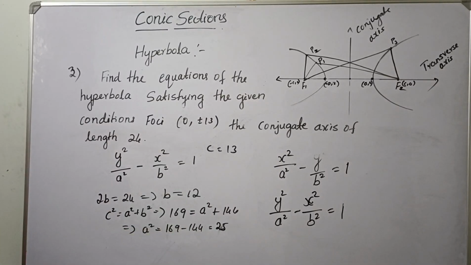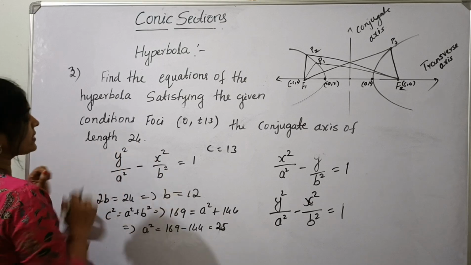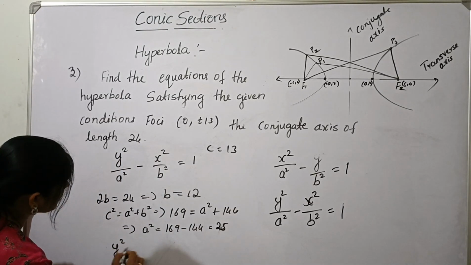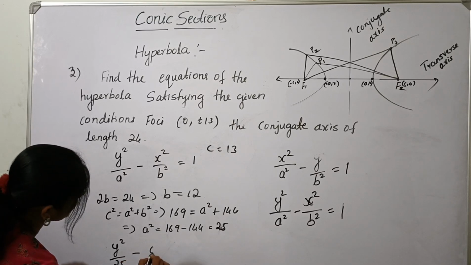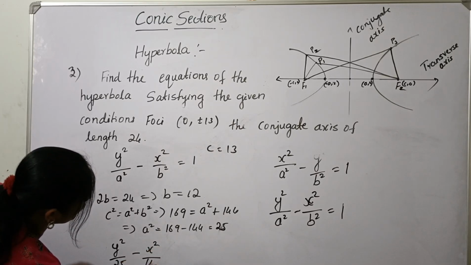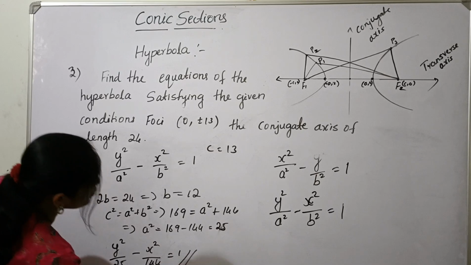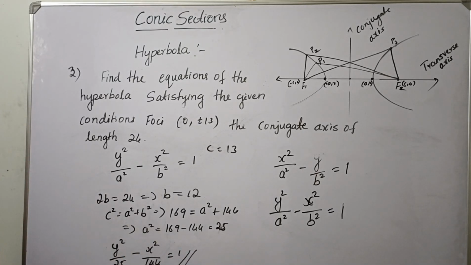Therefore a is equal to 5. So directly substitute in this equation: y square by 25 minus x square divided by 144 is equal to 1. So it is the required equation of the given hyperbola.